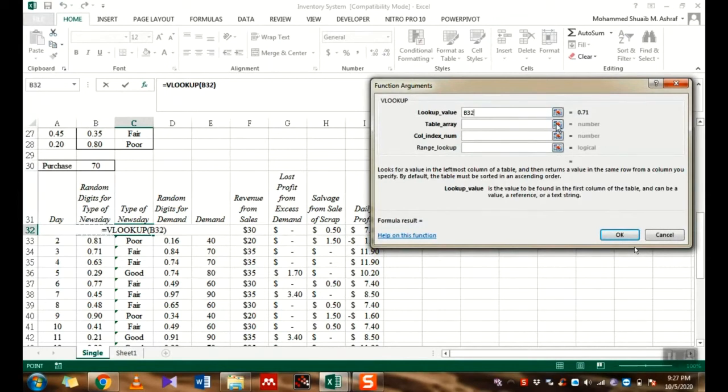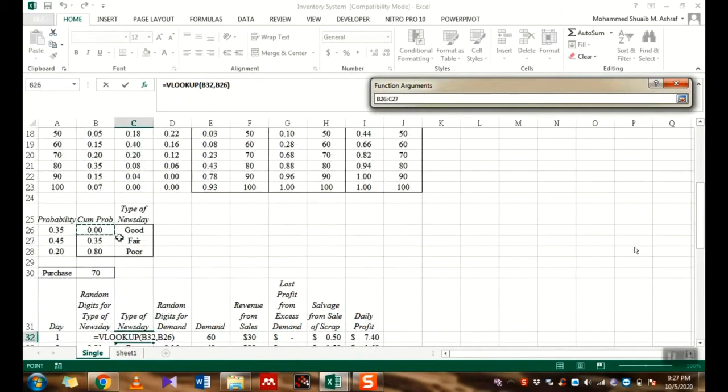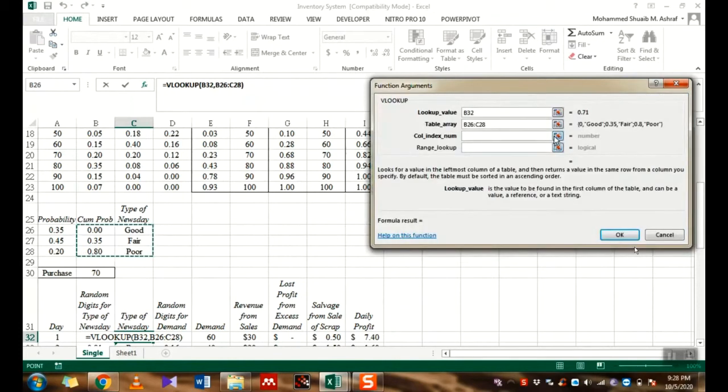So, this is the lookup value, and the lookup table is here. These are the cumulative probabilities, and these are the types of news day that we want to return, that we want to find out. Okay. And what is the column index? 2.